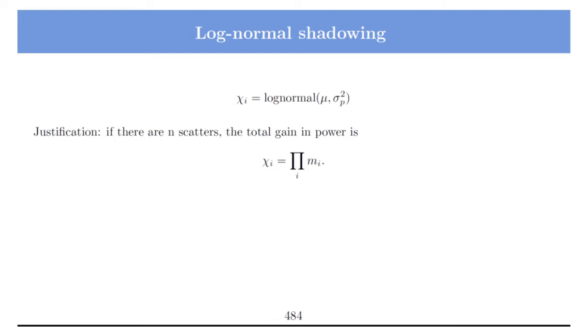Second thing, shadowing is log-normal, and if you try to calculate in a normal way, this distribution will make the whole analysis intractable. So here we will take an alternate approach. We can show that this cellular network is equivalent to another cellular network, such that the SINR for both cases is exactly the same.